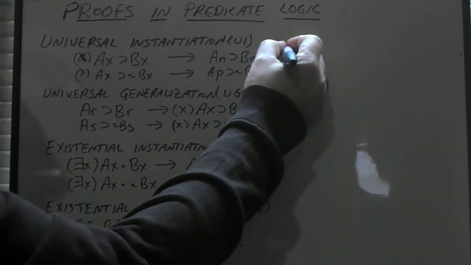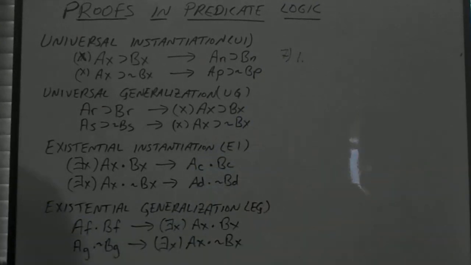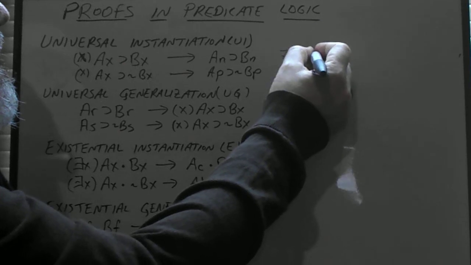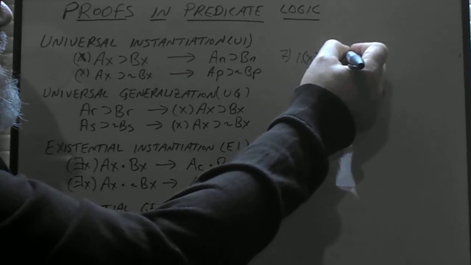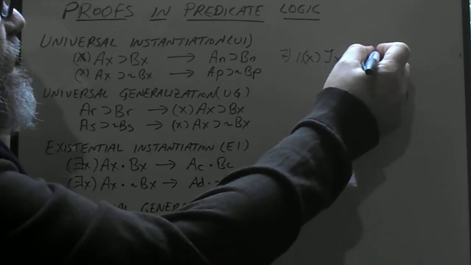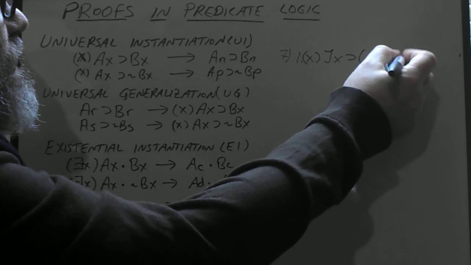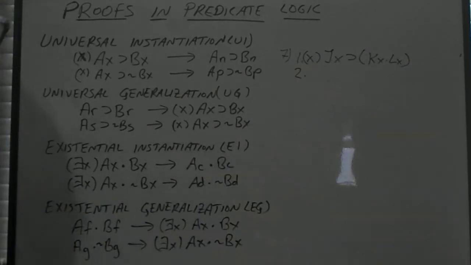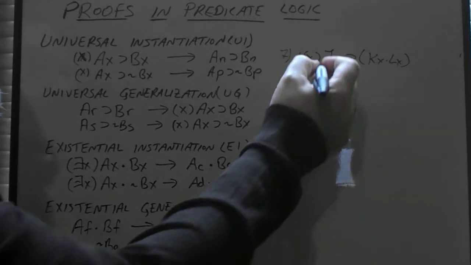So number 7 on there, line 1 says for every x, Jx, then Kx and Lx. Line 2 says there exists y, not Ky.